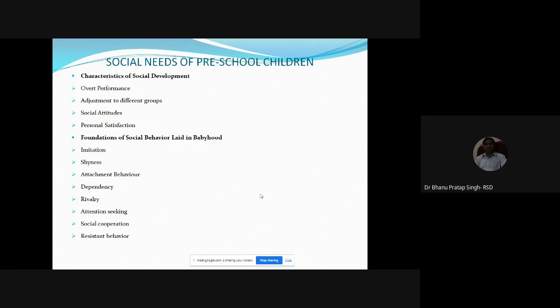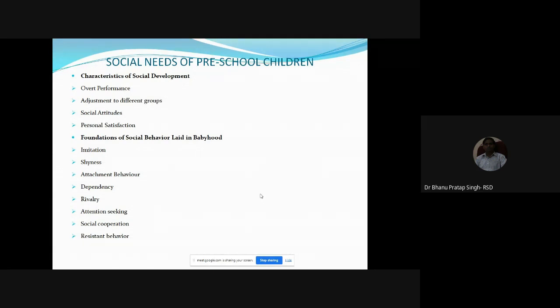Social needs of preschool children. Some social needs mean overt performance, adjustment, social attitudes, personal satisfaction. These are the social characteristics of social development in preschool children.